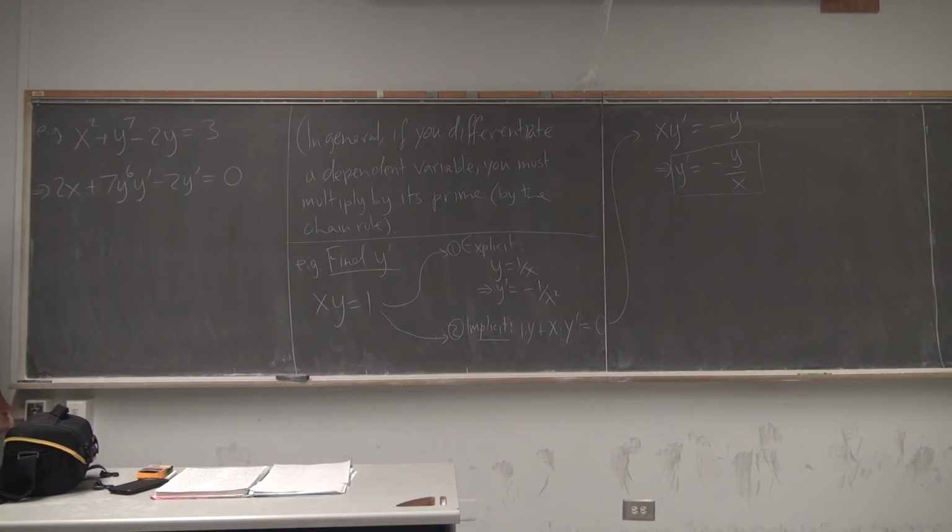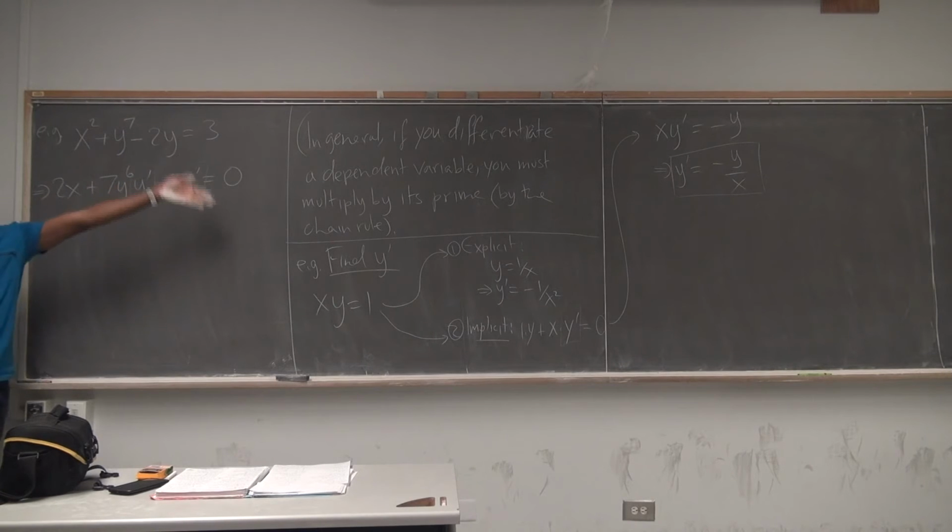So now I have an expression with y primes in it, and I want to find y prime. How do I get y prime? You need to isolate it. How do you isolate it? What do we do? First step. When you want to isolate a variable, the first thing you do is anything that doesn't have that variable, move it to the other side. So I'm going to subtract the 2x.